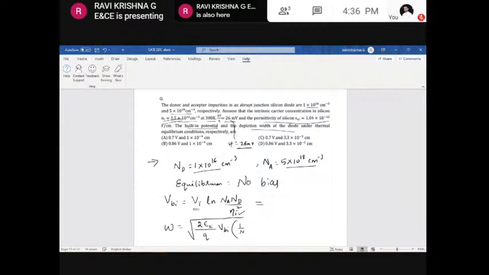Epsilon SI is given as 1.404 × 10 to the power minus 12 farad per centimeter, and Q, if they have not given it, is 1.6 × 10 to the power minus 19 coulombs. VBI we can calculate from the previous step, and the acceptor and donor concentrations are given. We can simply substitute all these values and get the depletion width. So this is the way to solve this particular problem.